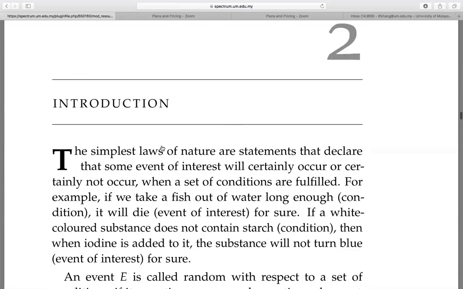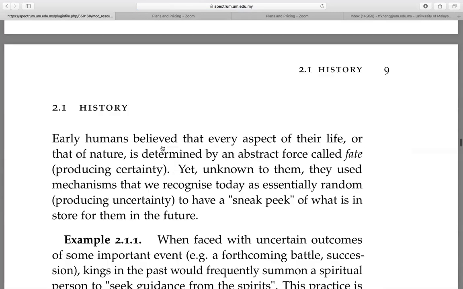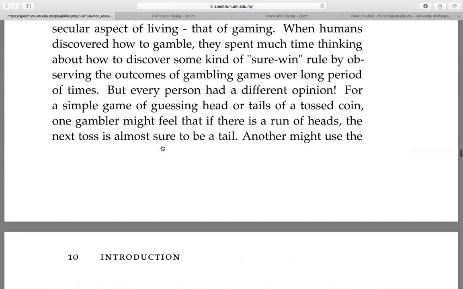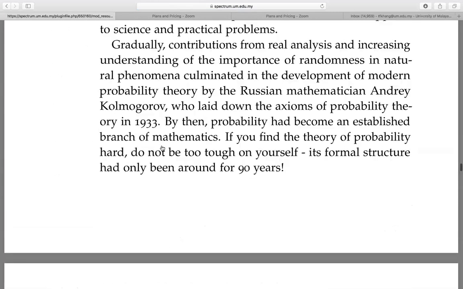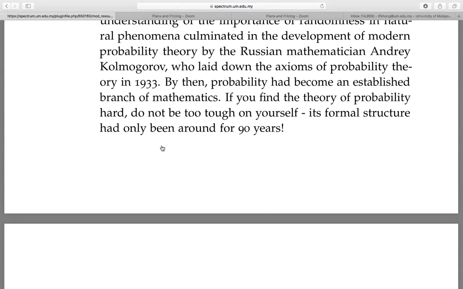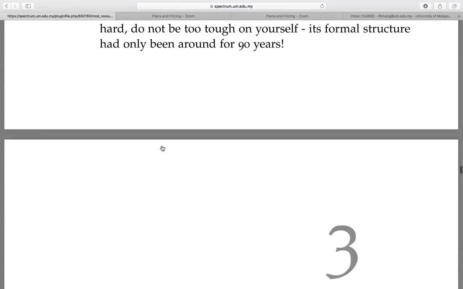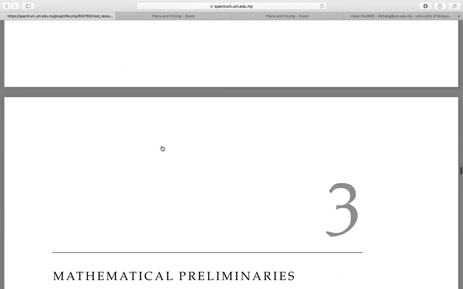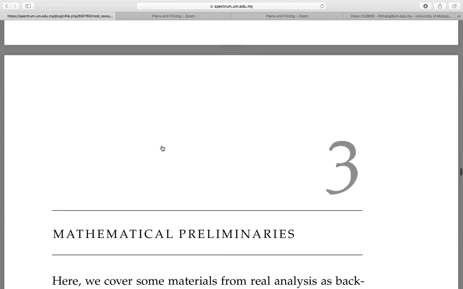And then you have the introduction, which is basically some motivation. I give you some motivation about why we are learning this, what probability actually is, and some history about it.